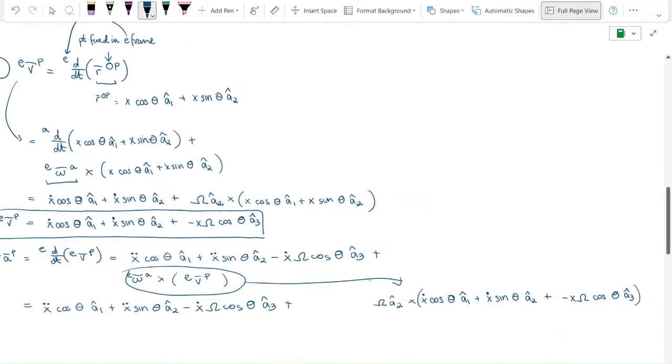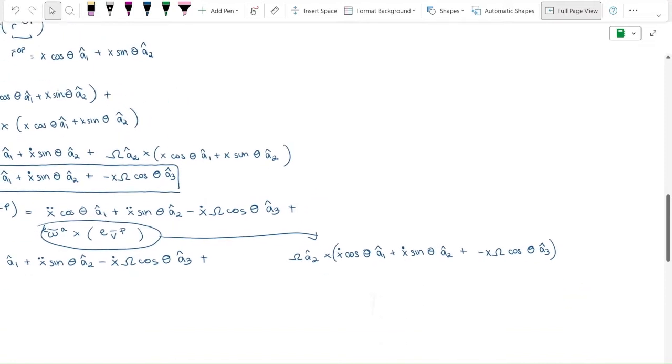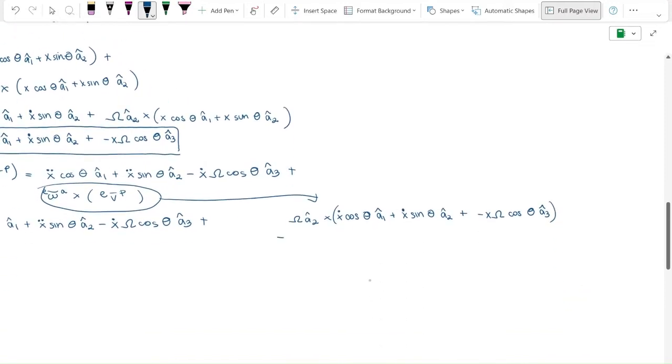So a2 cross a1 is negative a3 hat, so we have negative x dot omega cosine theta a3 hat. a2 hat cross a2 hat gives you 0, and then a2 hat cross a3 hat gives you a1 hat.